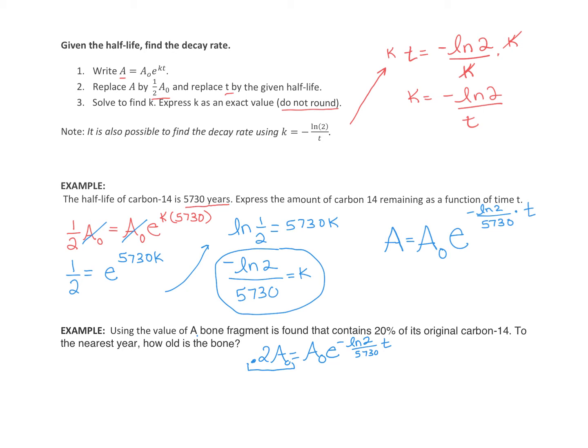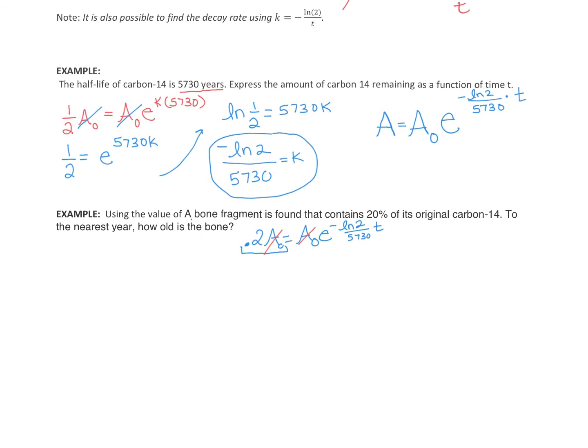So just like before, we'll divide out the a sub 0, and we'll get 0.2 equals e to the minus the natural log of 2 over 5,730 t. And since I'm solving for something that's in the exponent, I'll rewrite this in log form.